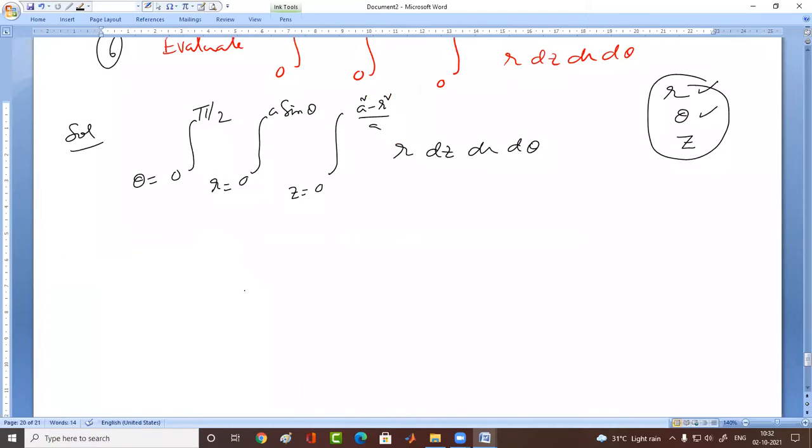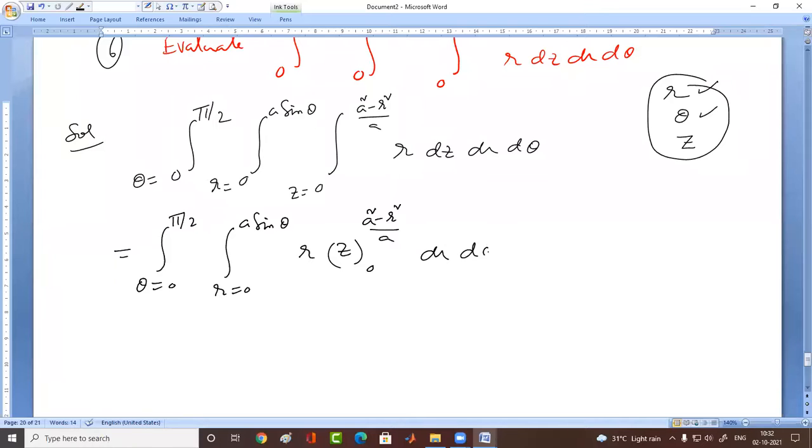But very easy. Theta is 0 to pi/2. r is 0 to a sin theta. Now integrate with respect to z. Integral dz is z, from 0 to (a squared minus r squared)/a. Now the remaining two variables are dr d theta.